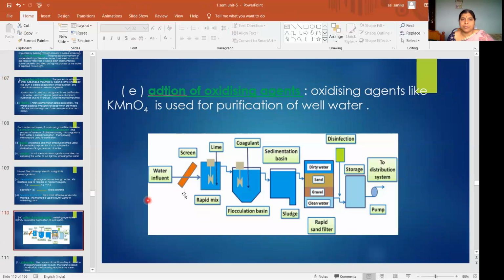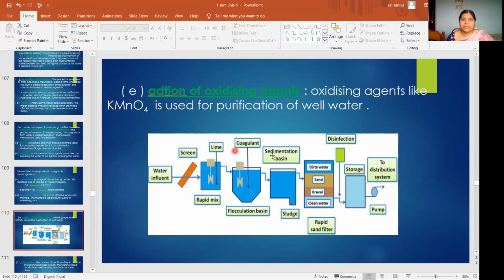If you see the diagram here, first screening, then we go to plain sedimentation, then coagulants, then filtration, that is sand filters. Then we will do the disinfection.